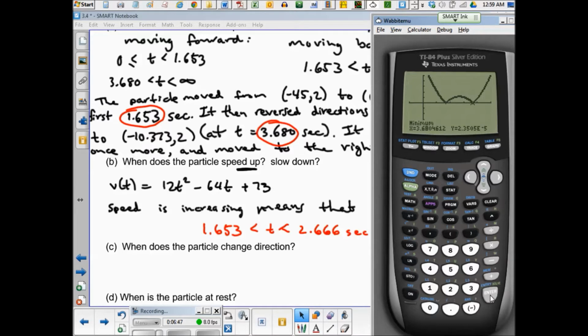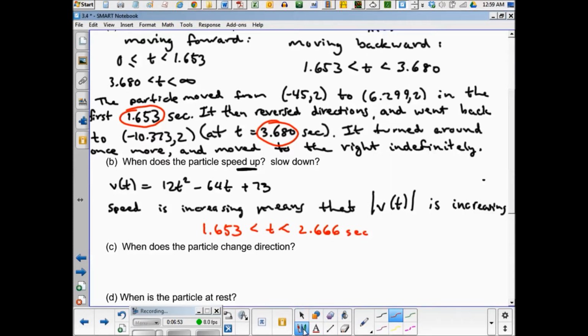Sound familiar? So from t equals 3.68 and onward, it is speeding up. Okay, so maybe this is not what you expected.